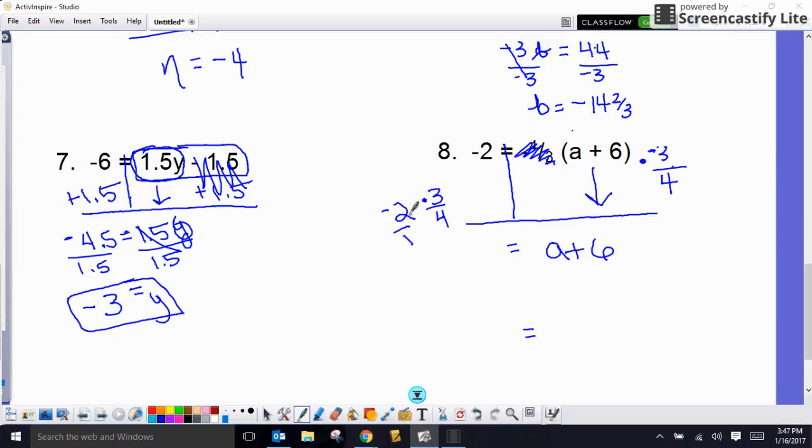So I'm going to cross reduce as well. 2 goes into 2 once, 2 goes into 4 twice. 1 times 3 is 3, and 1 times 2 is 2. Looking at this, I'm going to keep my line going here. Okay, I'm going to multiply by 2 on this side. Ka-ching! Just have my 3 there. So I'm going to multiply times 2 here.